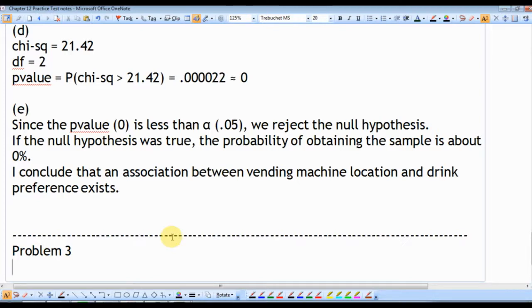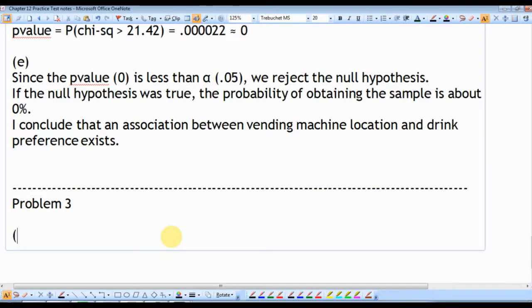What kind of test should be used? Part A. There is only one variable with 4 categories.